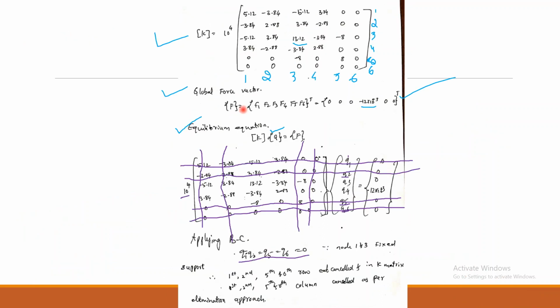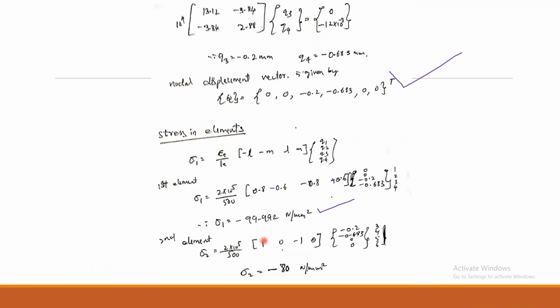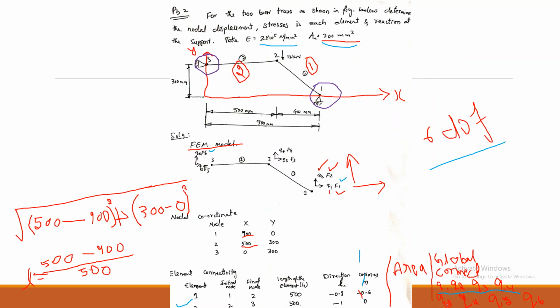So for element 2, 2 into 10 raised to 5 divided by 500, the L value is minus 1; here minus into minus becomes plus 1, 0. The M value is 0; here again minus 1 and it is 0. Multiply by the terms considered from the global connectivity, Q3, Q4, Q5, Q6.